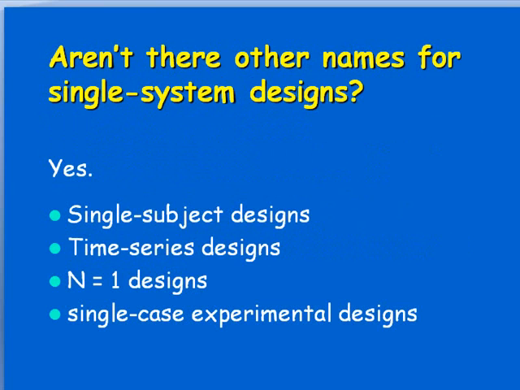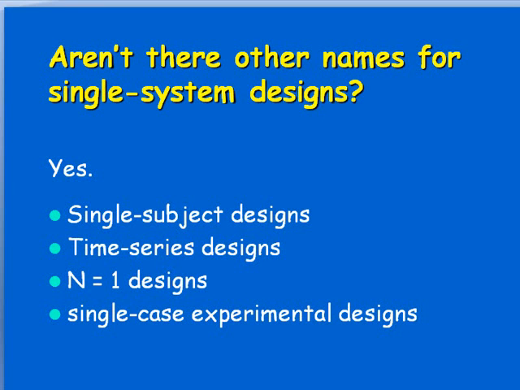Other names of single system designs: if you are looking for single system design articles and you type in your search engine single system designs, you will find a large number of articles, but you can also type in other terms such as single subject design, time series designs, which stresses the repeated measures, and N=1 design, meaning the single subject.